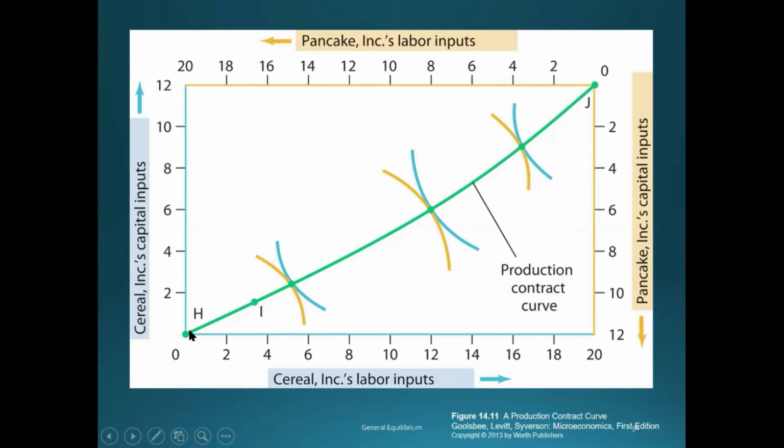So there are some allocations down here that result in one firm making very little of its product and the other firm making a lot, and vice versa for points up here. We're going to come back to that. Input efficiency is not going to tell us whether we're making the right basket of goods. It's only going to tell us whether the inputs are being efficiently allocated between the two firms.